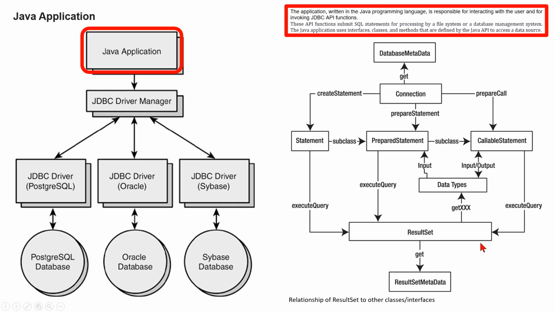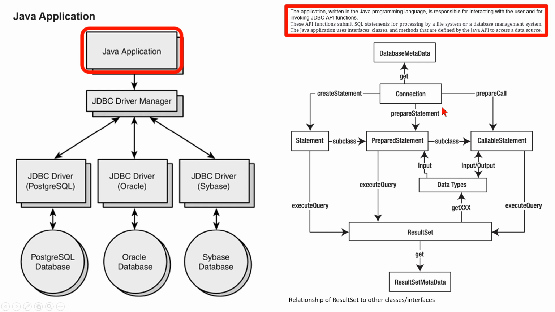As you can observe from the low-level class or interface relationships, to connect to a relational database, you must use an instance of the Connection object. To get the Connection object, you need to provide the database URL, username, and password.